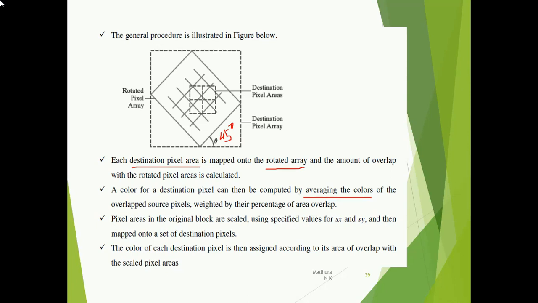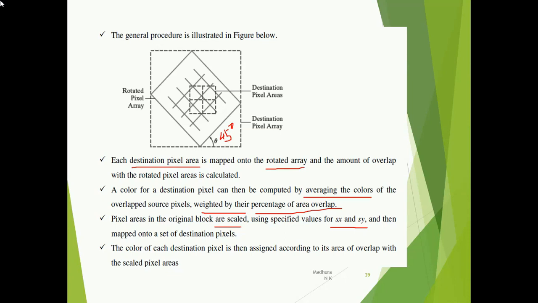So now we have to do certain calculations and get the values for the overlapped source pixels, weighted by the percentage of area overlap. It's being calculated using the percentage of area that's being overlapped. Pixel areas in the original block are being scaled using specified values of Sx and Sy and then mapped onto the set of destination pixels.